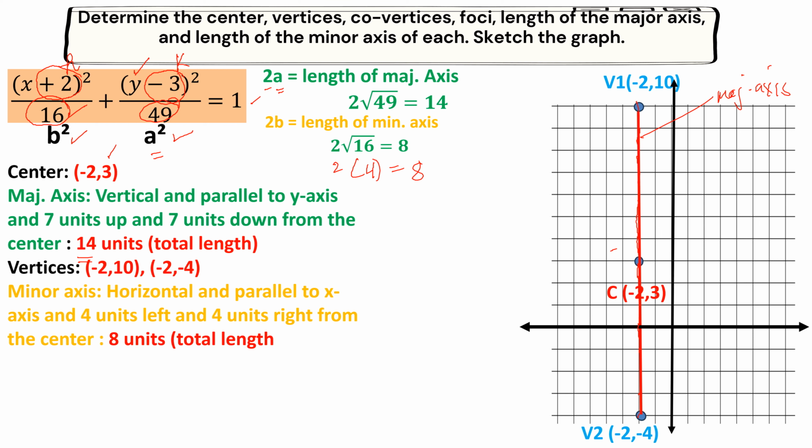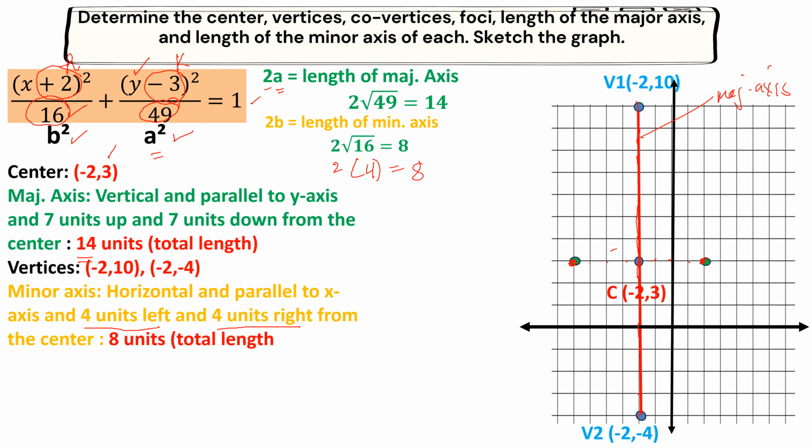That will be horizontally oriented. So that means from the center, we need to count 4 units left and 4 units right. So going 1, 2, 3, 4 to the right, and then going 1, 2, 3, 4 units to the left, and there are the co-vertices.